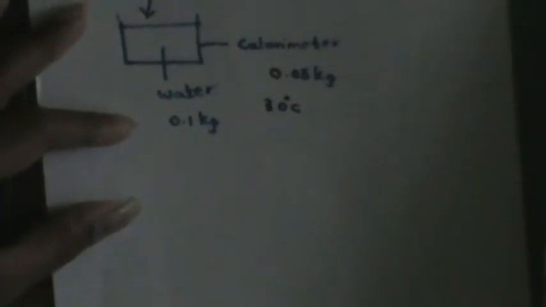And we have been given that when we are adding like this, the final temperature of the system, so this is water, this is the calorimeter, and this is the block. This is the block I am talking about. So the final temperature of the system is 70 degrees Celsius.